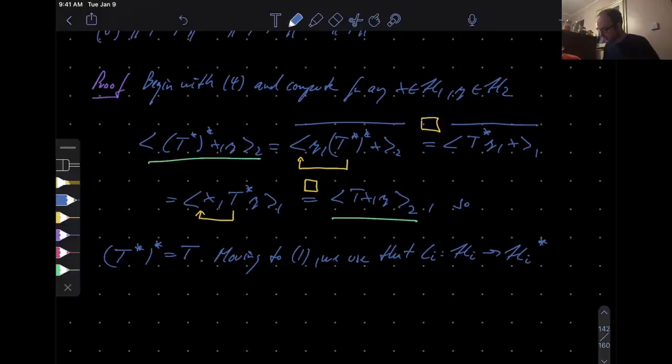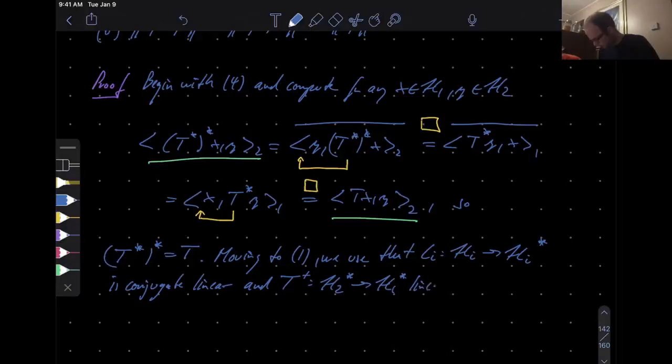So we use that this one is conjugate linear. And the dual transformation from the dual Hilbert spaces in this order is linear. So that map that assigns T to its adjoint is conjugate linear by definition, right?